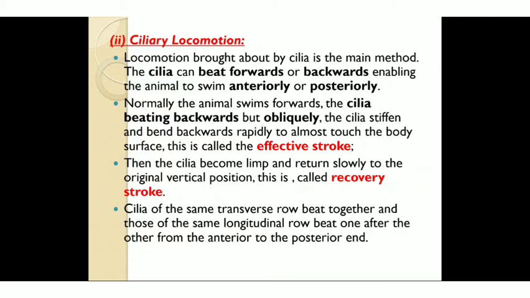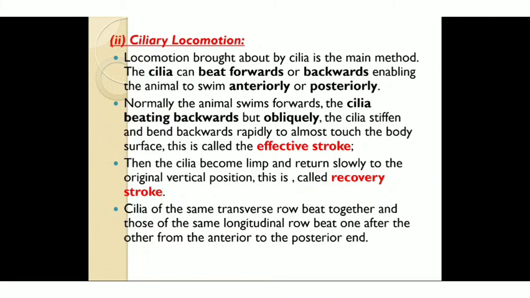So there are different strokes which can be covered by the paramecium. Normally the animal swims forward. When it swims forward, the cilia beat backward, but they do not beat straight backward, they beat obliquely.